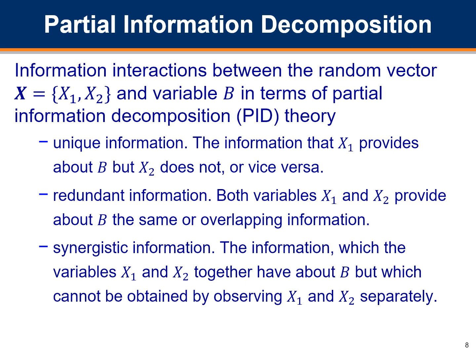The information that x1 provides about b but x2 does not, or vice versa, is unique information. When both variables x1 and x2 provide about b the same or overlapping information, it is denoted as redundant information. The information which the variables x1 and x2 together have about b, but which cannot be obtained by observing them separately, is synergistic information.